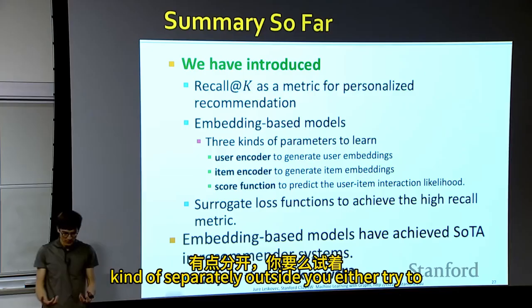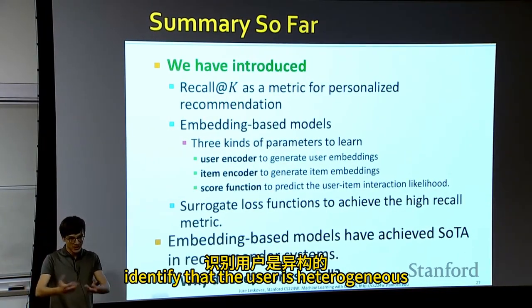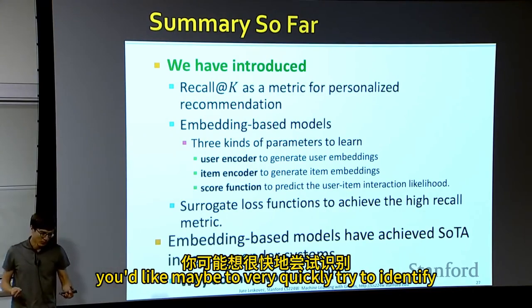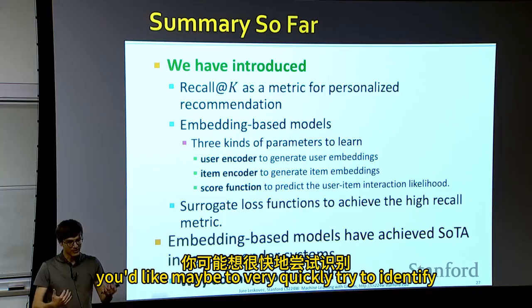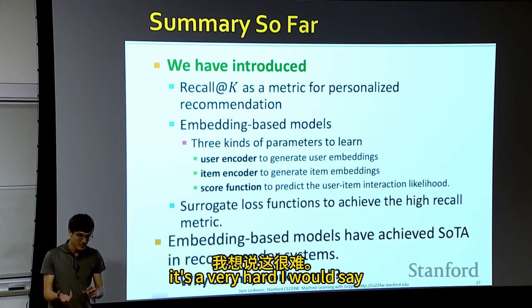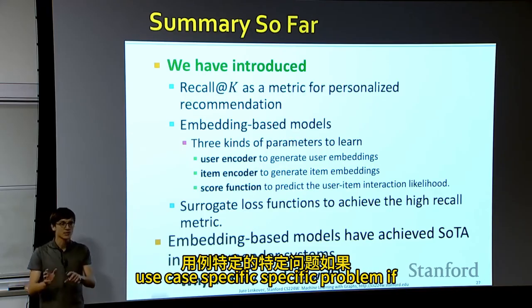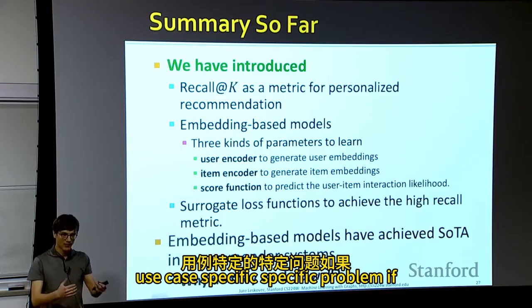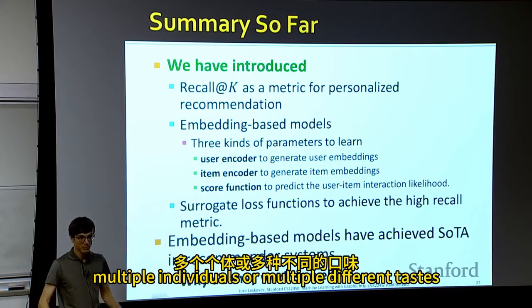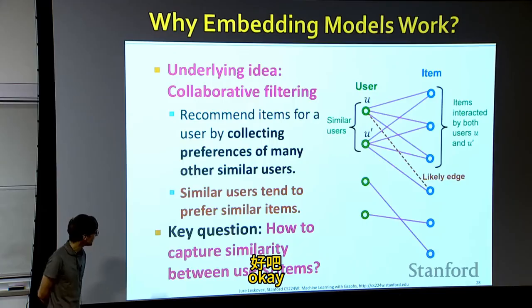You'd either try to identify that the user is heterogeneous and split the user into a couple of nodes, or quickly try to identify which identity of the user you are working with. It's a very hard, use case specific problem if behind the same identity there are actually multiple individuals or multiple different tastes. Okay?